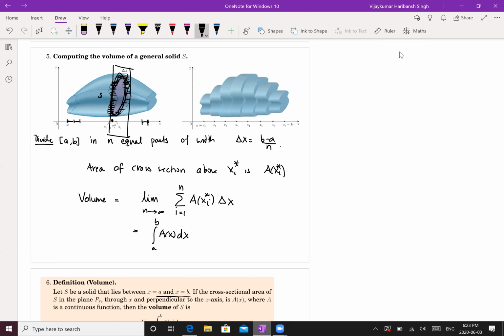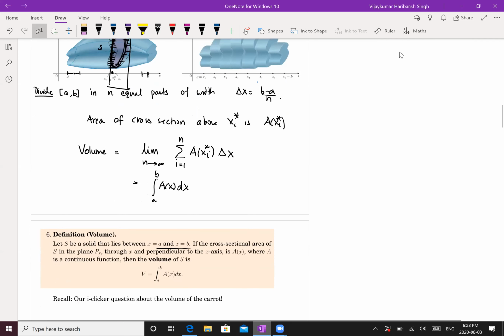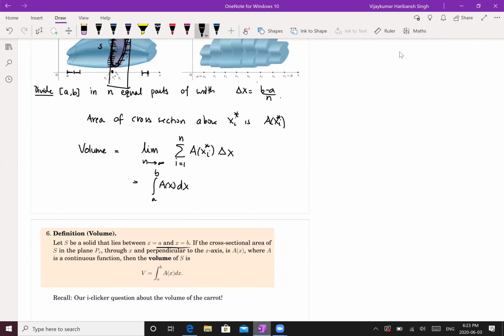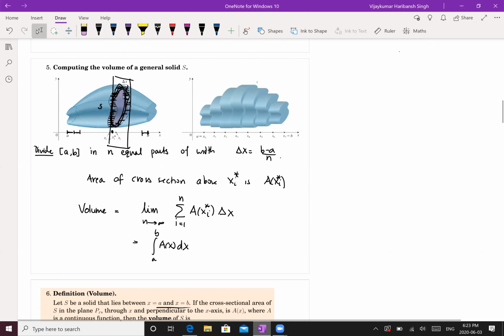And then you integrate it from a to b, A(x) dx, and you get the volume. So this is the definition of the volume. It came out of our intuition about how the volume should be. Okay. But this is the definition.